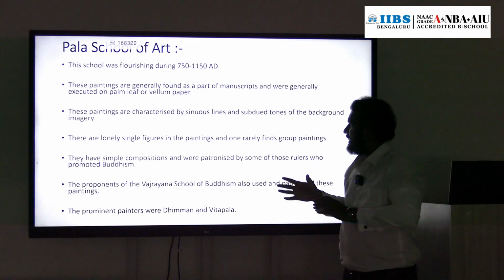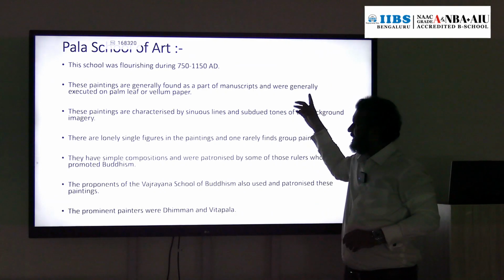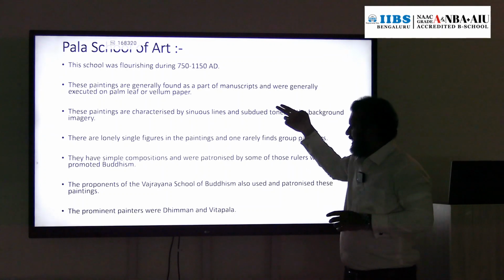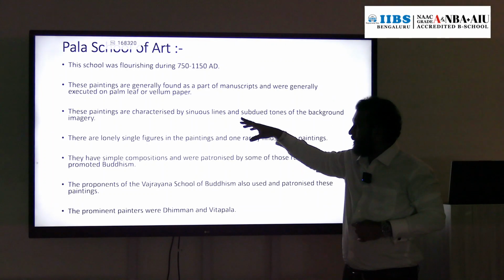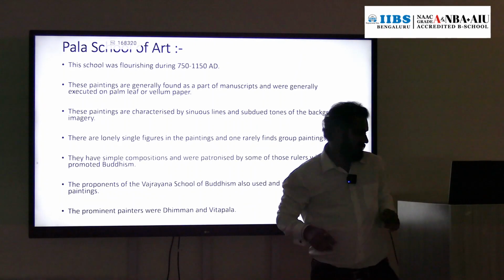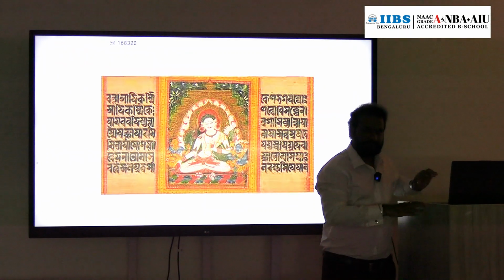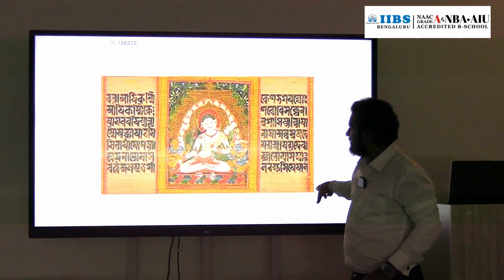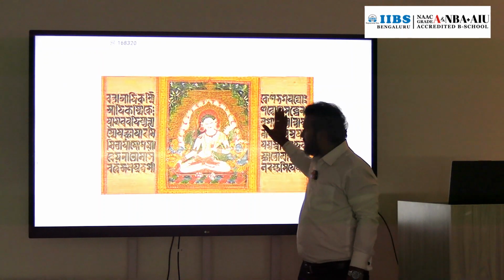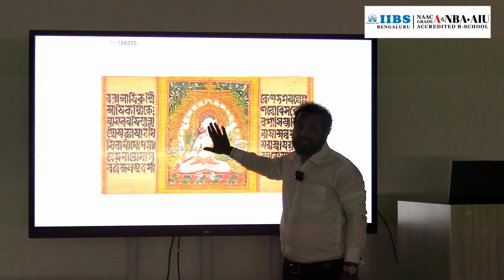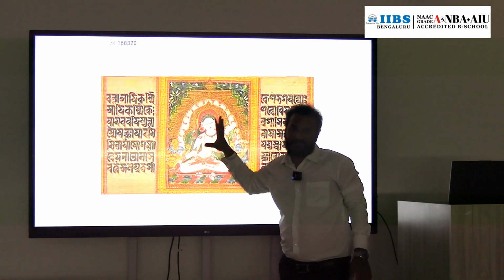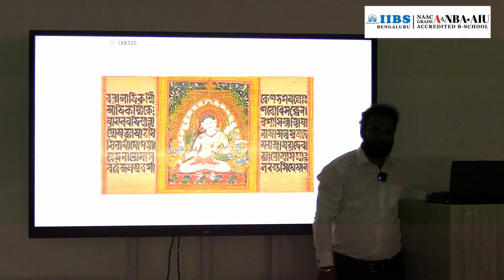Generally these paintings are in the form of manuscripts, that means they were executed on palm leaves or vellum paper. I'll show you. Check. This painting is like a manuscript. Here they have a script, and this painting is a description of the script. Got it?